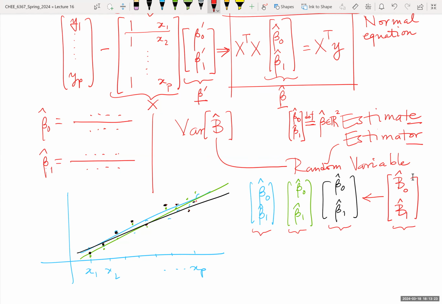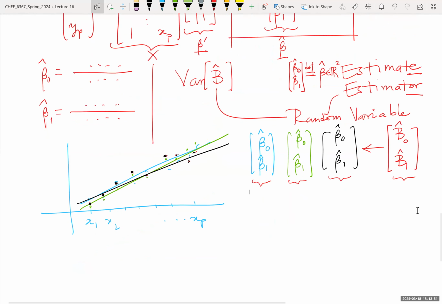Okay, so if I have this random variable which takes values that are slightly different in every experiment, I can get a sense for what is the error I made in estimating these values in one experiment, in this experiment, for example. I can do this by defining the covariance matrix of this estimator. So let's understand this first element by element. Since now I have two parameters to estimate, I have two parameter estimators.